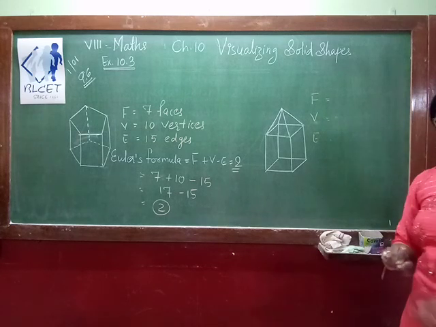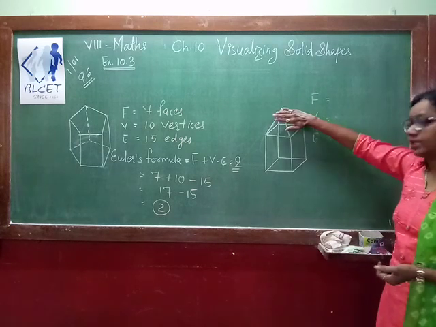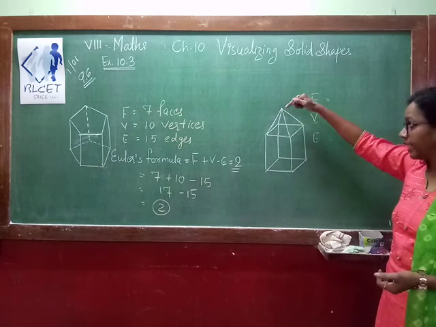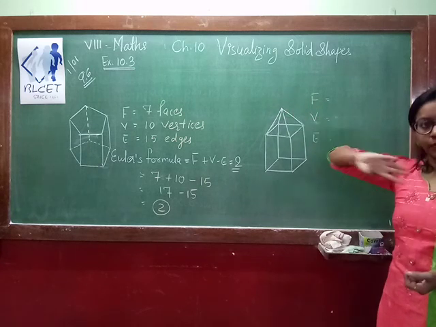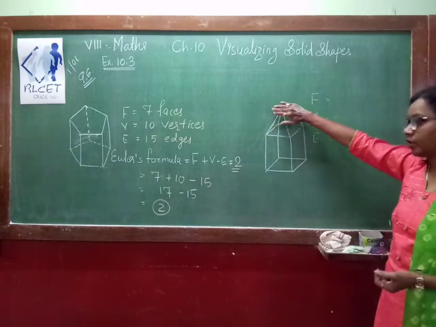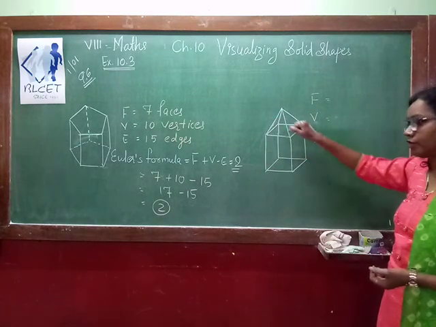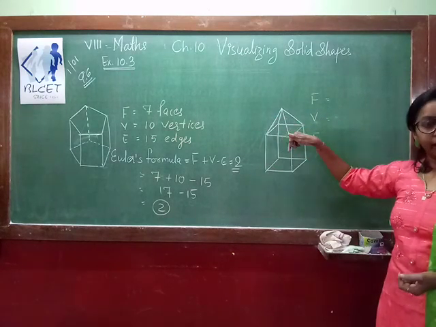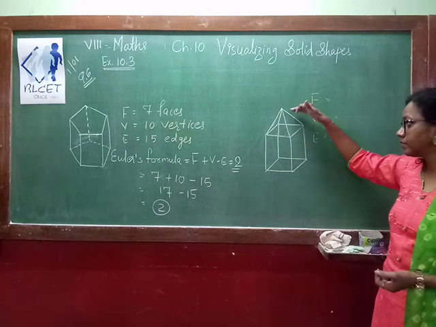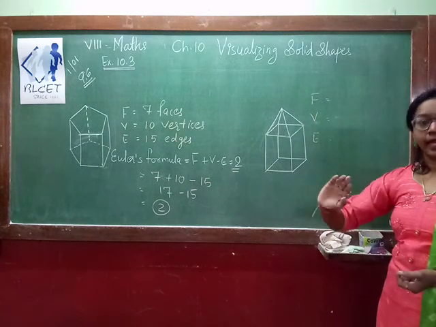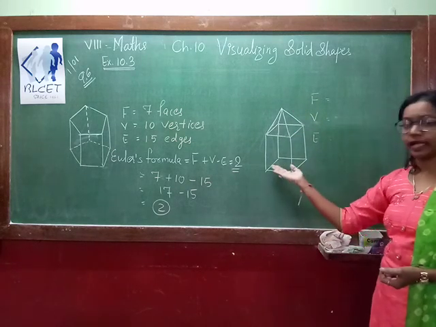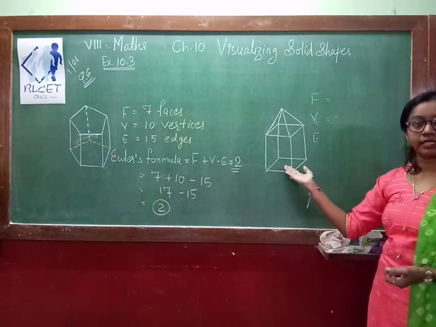How many faces are there? If you consider this square pyramid, it has 4 faces for the upper top portion. Downward also, the lateral surfaces are 4. So 4 plus 4, 8, and 1 is your base. So how many surfaces? 9.